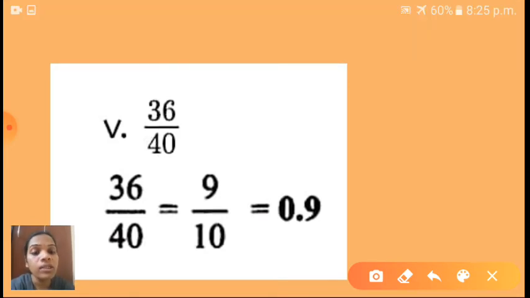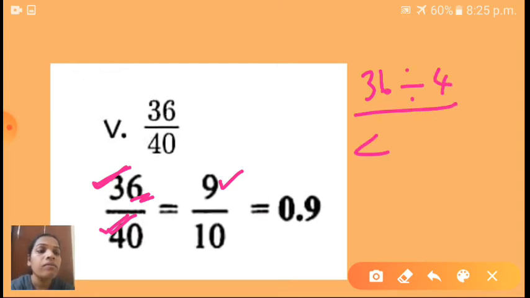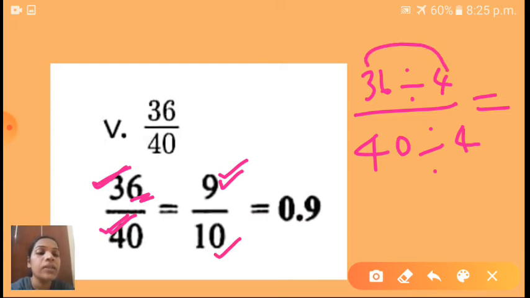So we have to divide these two numbers by 4. So what will you get? 36 divided by 4 upon 40 divided by 4. Okay, so what will you get children? 9 upon 10.